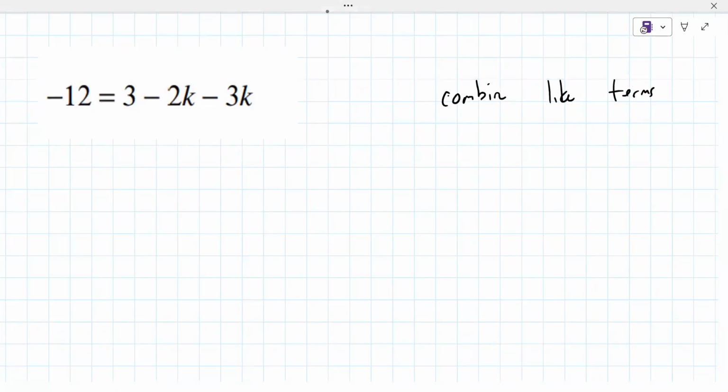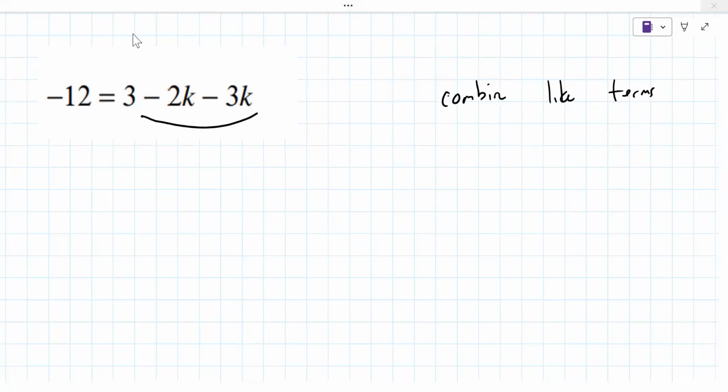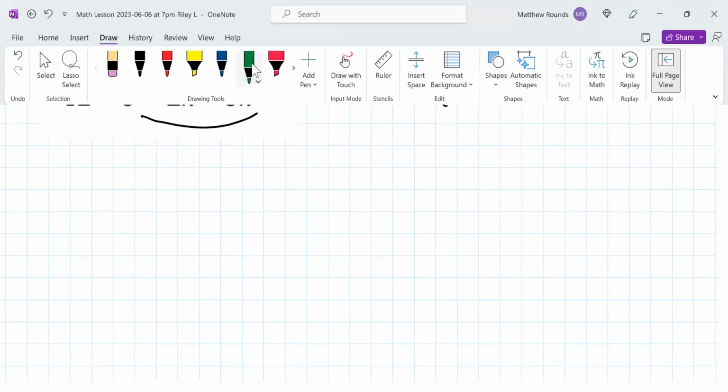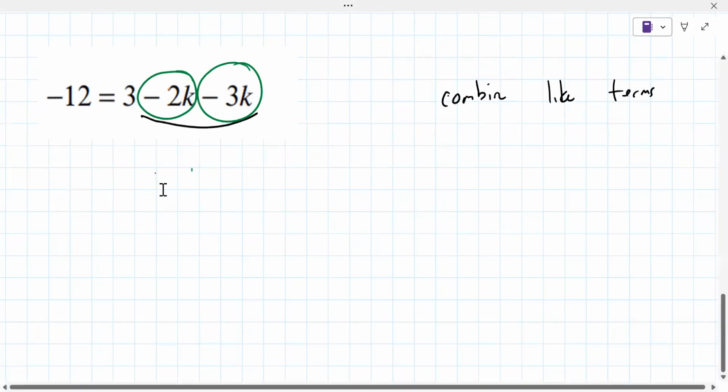So these right here on the right, minus 2k minus 3k, they are like terms. They're both negative, so the answer is negative. And then you combine them together. Subtracting them?